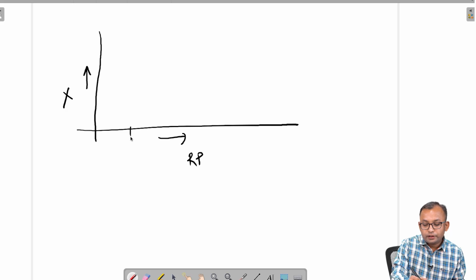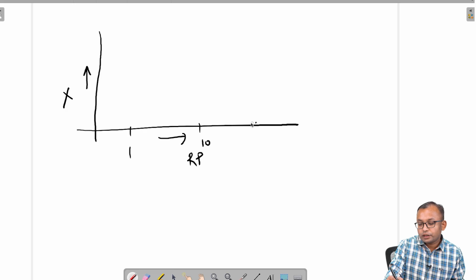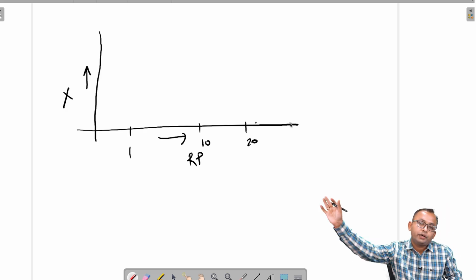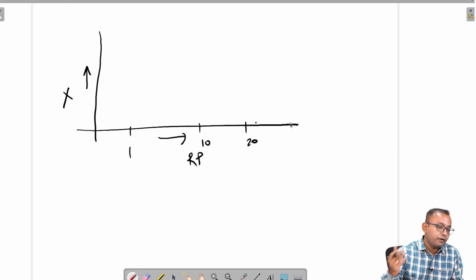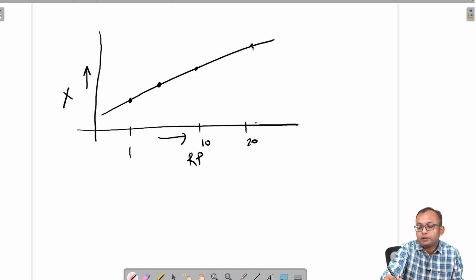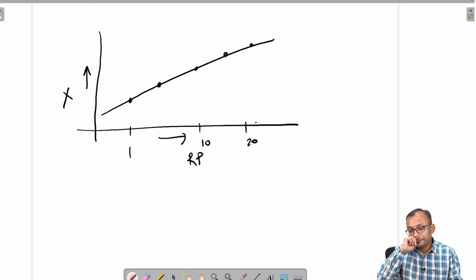Suppose this is 1, this is let us say 10, and this is let us say 20 like that. We do not have data beyond 20 years, or we have not calculated it. And then we have fitted a line like this, here we know, in between we also know, here we also know, like that.